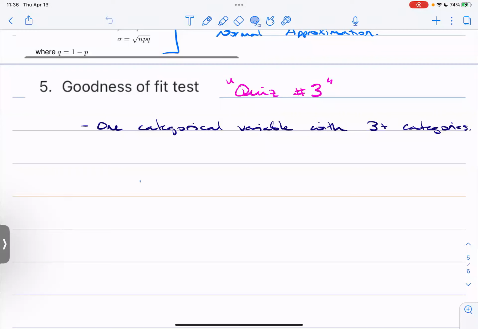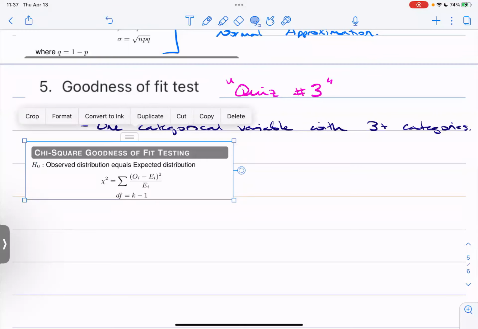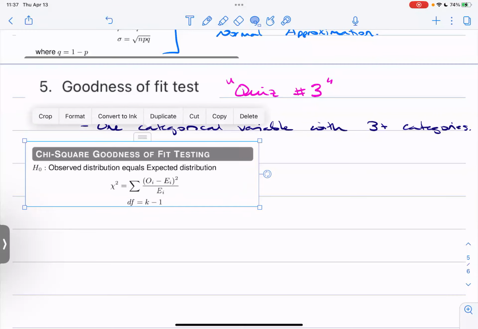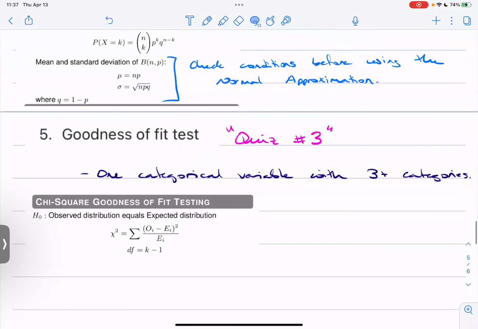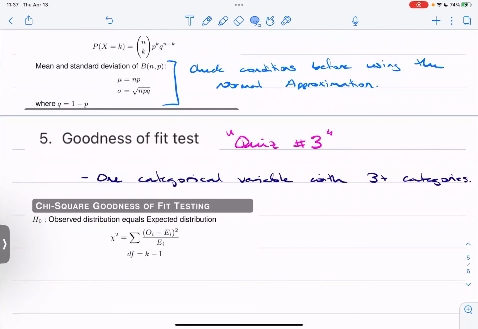Now you don't get to pick. School of Hard Knocks here. All right. So chi-squared goodness of fit test. I want to brush up on that. It's been a while, right? But you don't have to do the test of independence, which is, in my opinion, way harder.